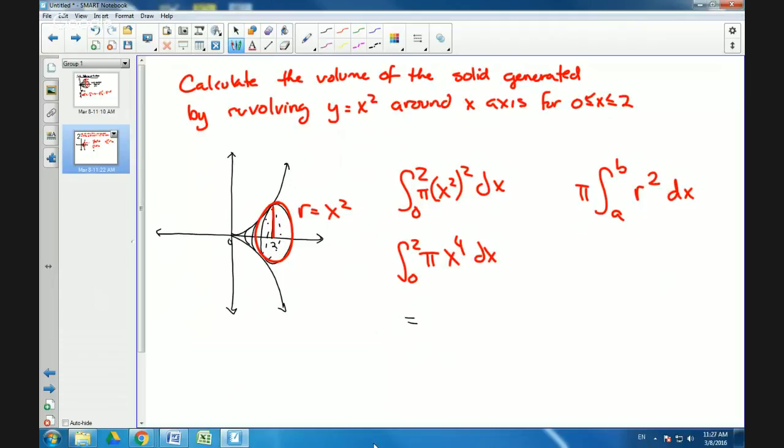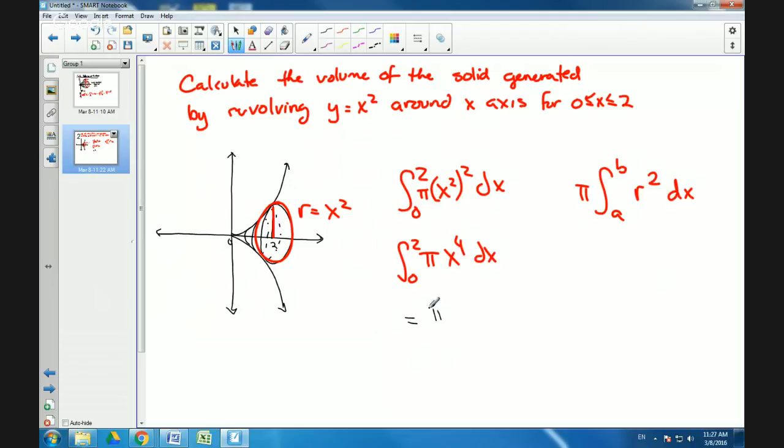Alex, you're acting like you're sleeping. What's the integral here? The antiderivative.